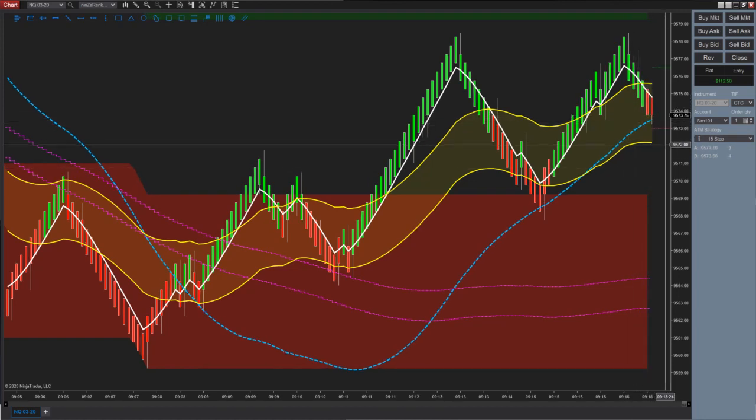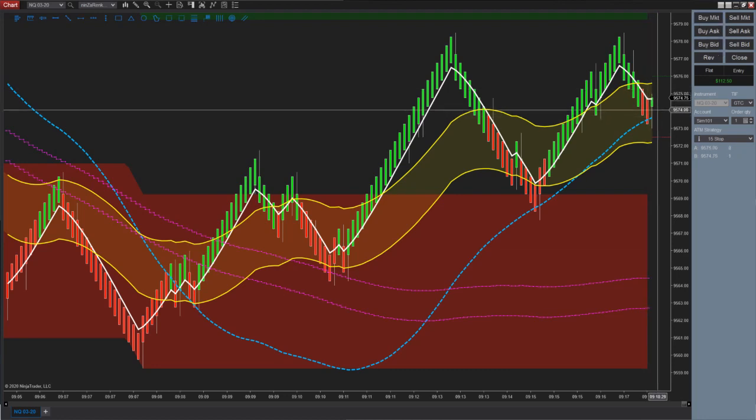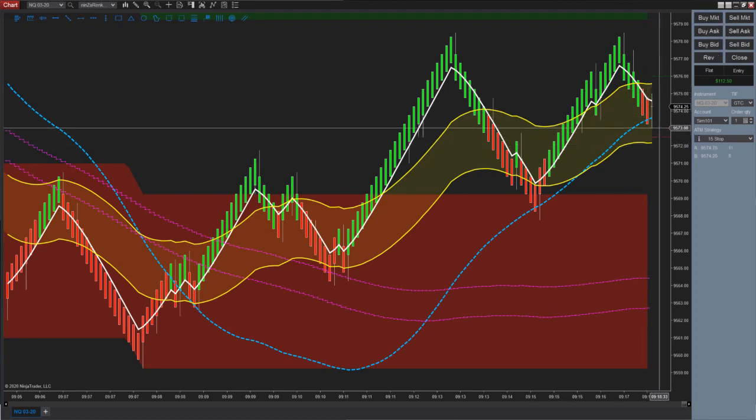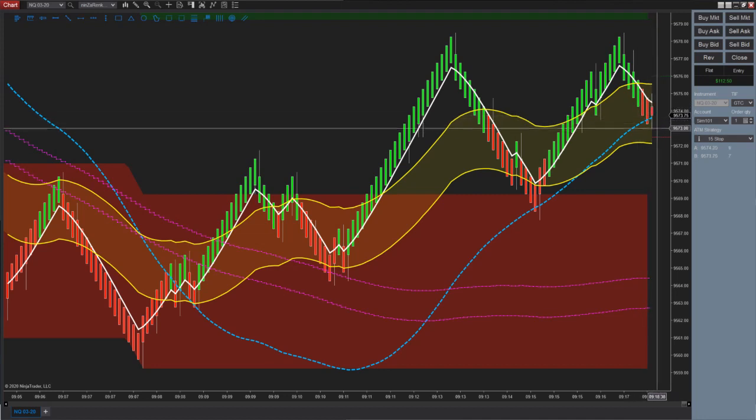Okay, if they touch here and then it becomes green, we'll just go on the green. We're gonna go long. But they need to touch this line. We don't wanna go in the middle, even though it's bouncing from here. Don't like it.